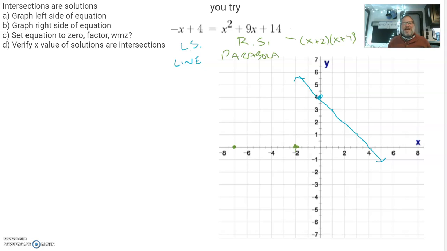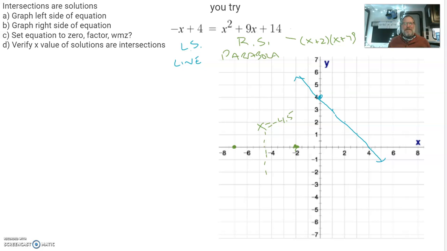Since a parabola has a symmetry line right between all horizontal points, you can determine the middle of this is where x is -4.5. That's the midpoint between those two x-intercepts, which gives us the symmetry line.